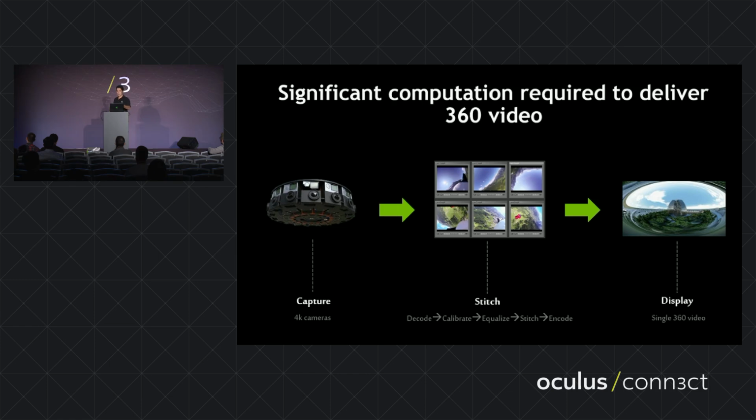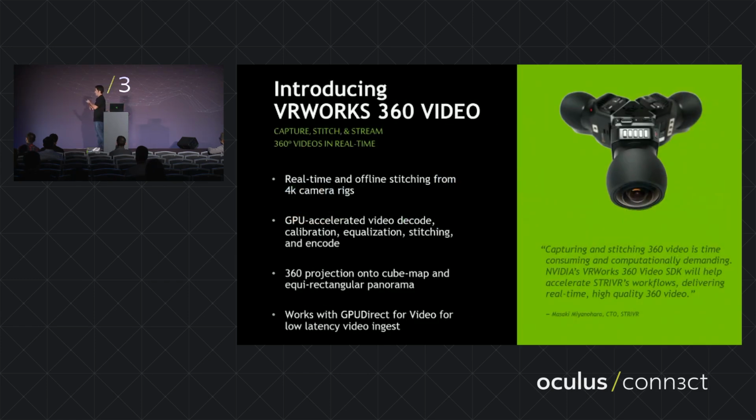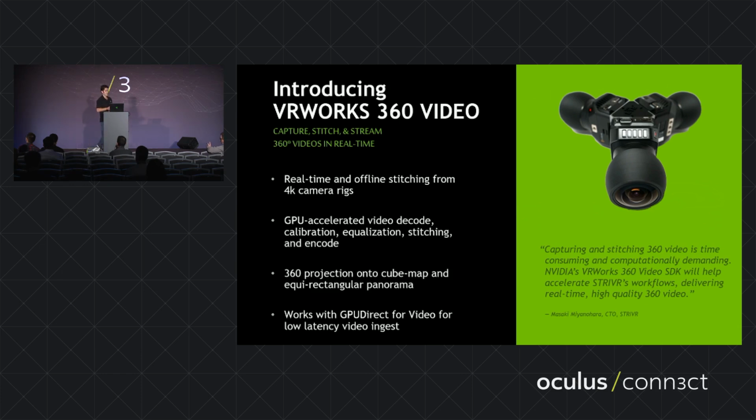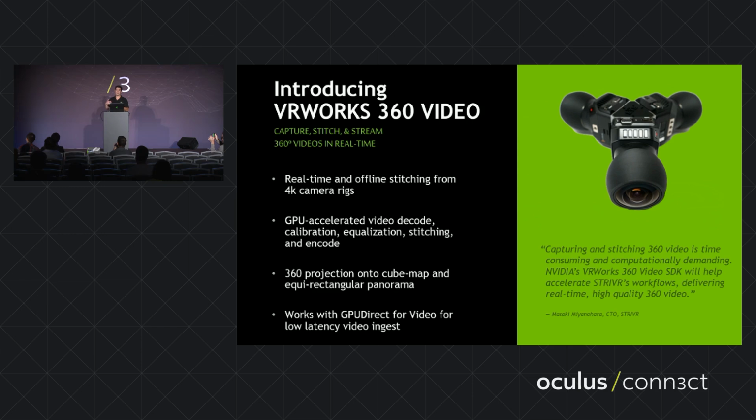So that middle part, especially the stitch part, is very computationally expensive. This new VRWorks 360 Video SDK handles all of those parts. It offers both offline, so already pre-gathered video, and real time. We have a low latency video input path that we offer called GPU Direct, and it works with that for real-time stitching from a camera rig.